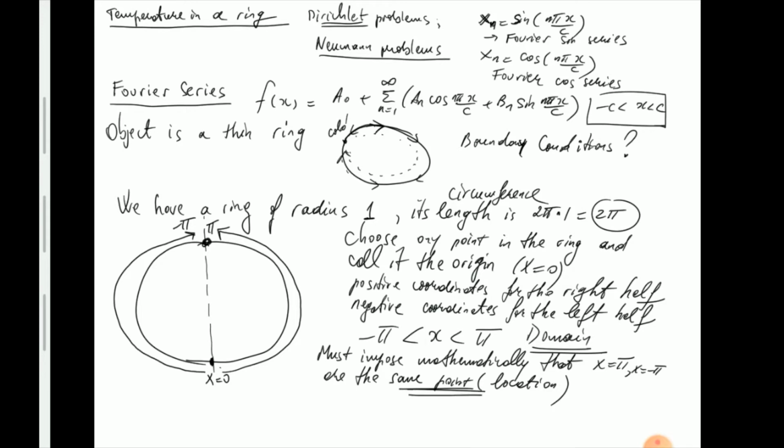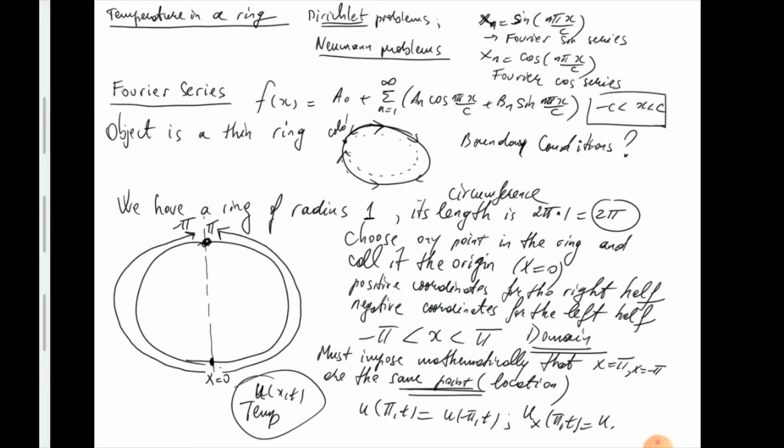Like I said, at all points, if u of x,t is the temperature, as we normally denote it, you must have u of pi,t equals u of minus pi,t, and then you must have the same flow, that is u partial x at pi,t, the same as u partial x at minus pi,t. So on the next page, we're going to write down the full problem with these conditions, and we get to solve it and see what we end up with. So stay tuned for the continuation.